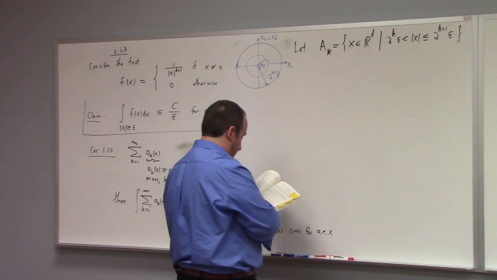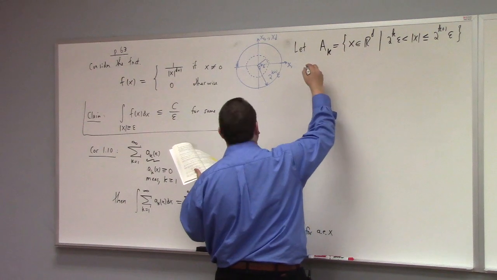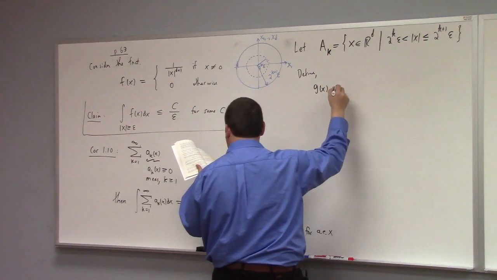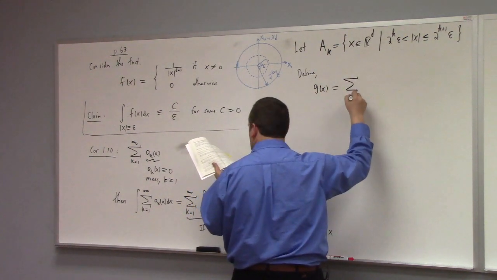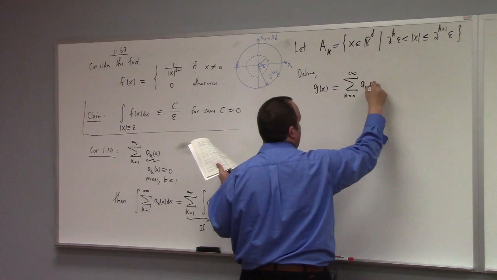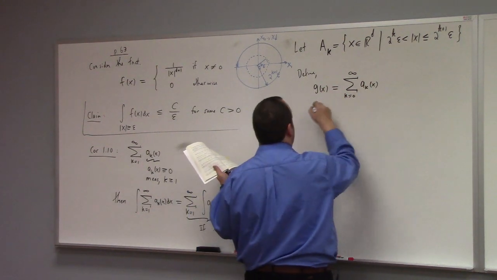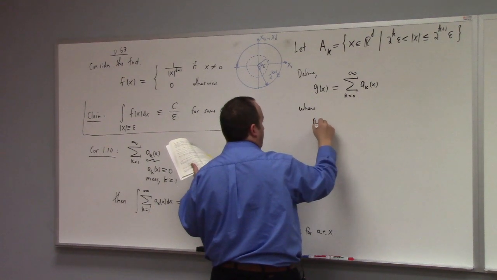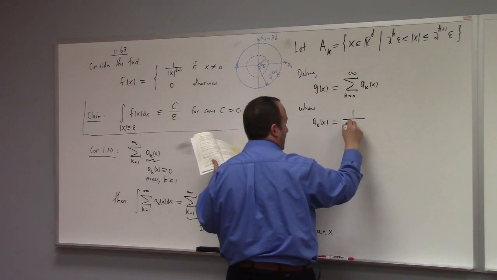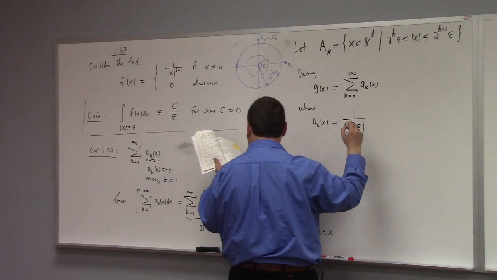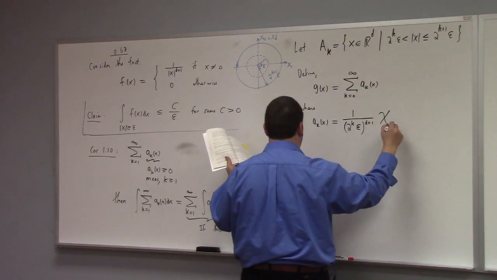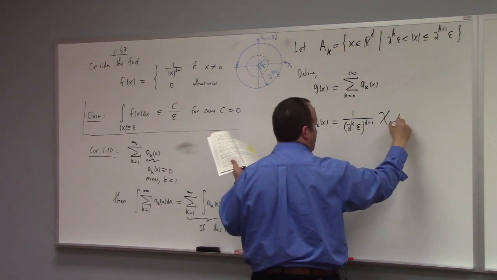And define, all right, what are we going to define? G of x equal to the sum from k equals 0 to infinity of a_k of x, where a_k of x is equal to 1 over (2^k times epsilon) to the power d plus 1, times the characteristic function of A_k of x.